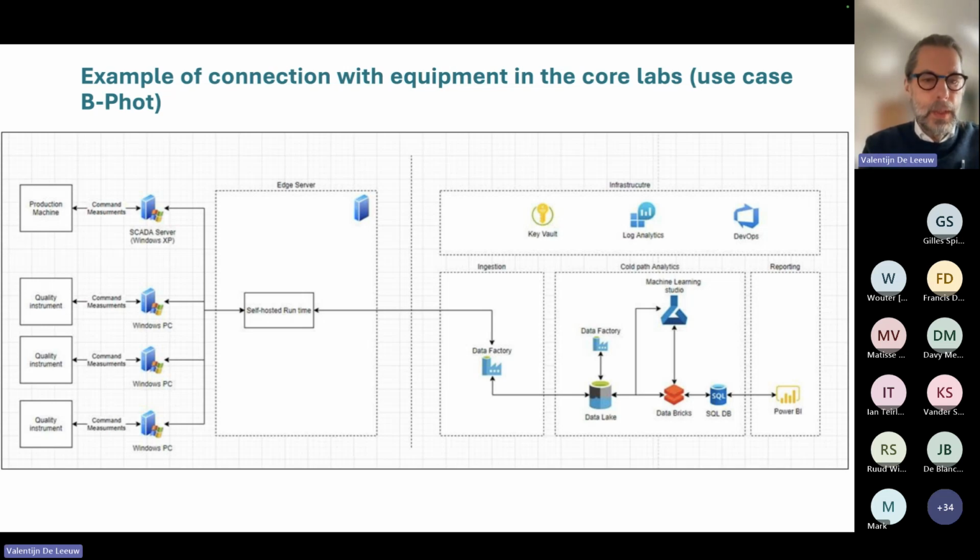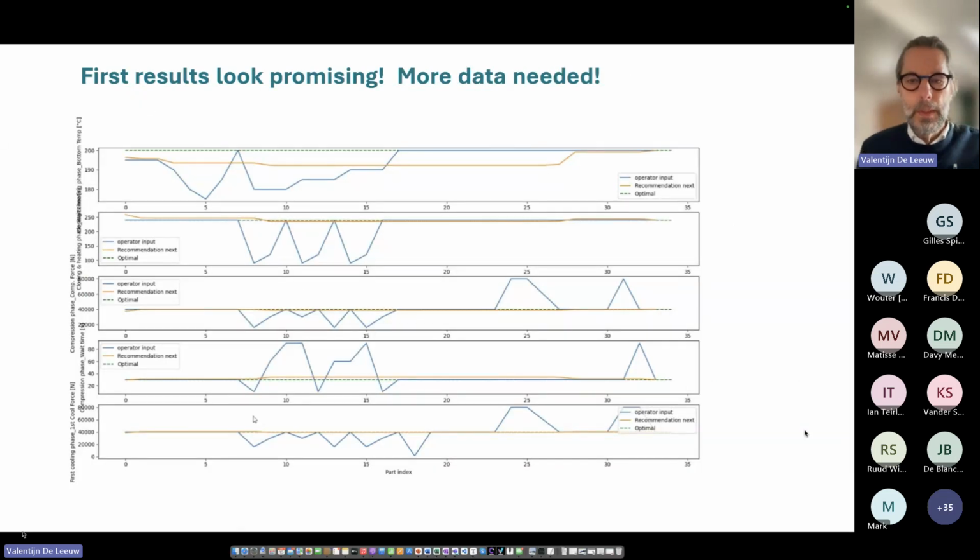Their on-site network, which you see on the left side, has been connected with the cloud via a data factory application. We put that in a database. We do machine learning on those data, and we try to predict what the optimal settings are. The yellow lines are the predictions by the machine learning.